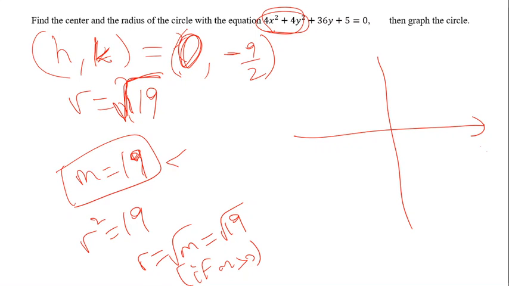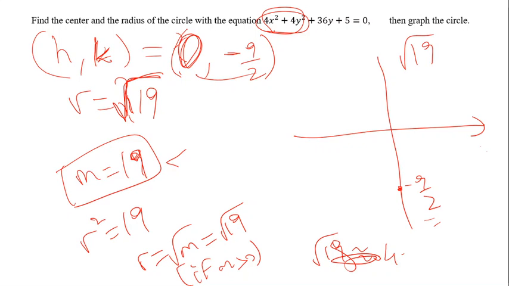0, minus 9 over 2 is here. 0 is okay. It's on the y-axis. Square root 19 is something like 4 point something. Is it bigger than this or less than this? I can check.